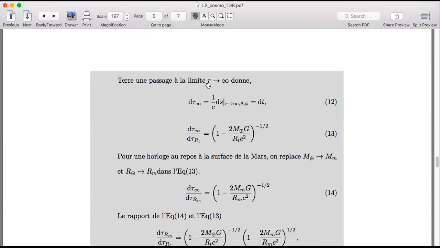It tells you that the coordinate time interval corresponds to a physical time interval measured by a clock, but it's a clock at infinity. Any other clocks are going to measure less proper time in that given time than a clock at infinity would measure.